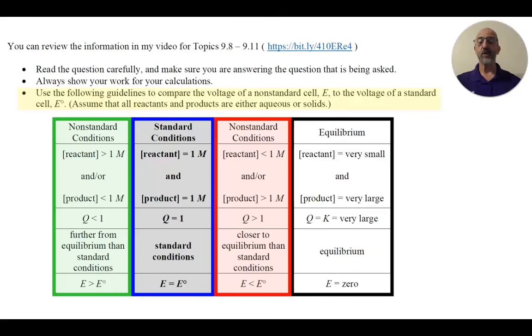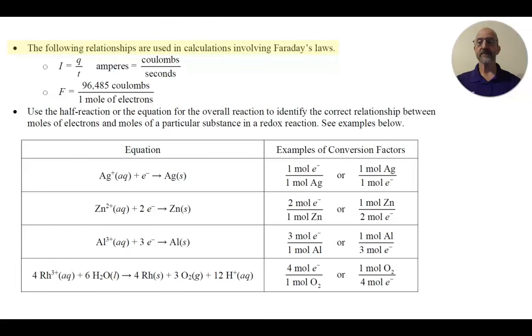And with respect to topic 9.11, the following relationships are used in calculations involving Faraday's law. We have current is equal to charge over time. So that's I equals Q over T, and the units of amps are coulombs per second. We also have the Faraday constant, so 96,485 coulombs for every 1 mole of electrons.